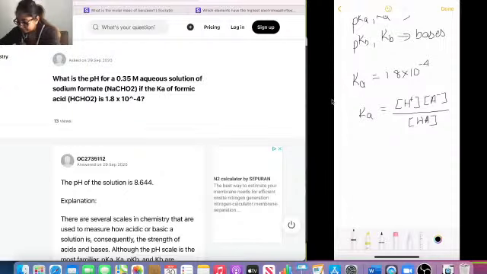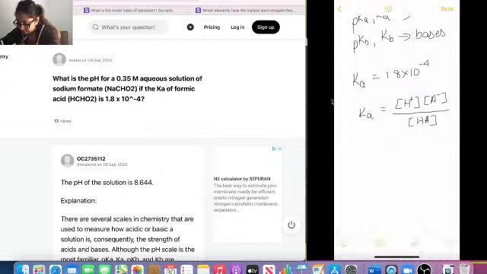Where your hydrogen ion concentration and your anion concentration are from the acid dissociating into the solution, right?